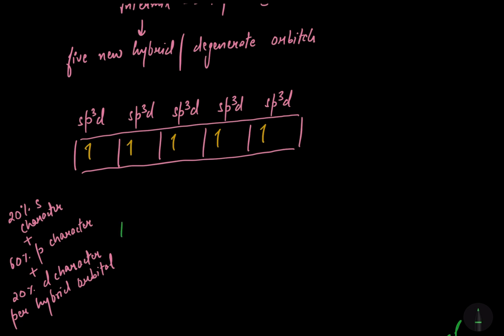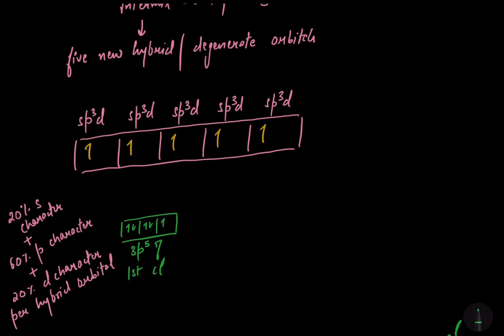That's the 3p of the first chlorine containing 5 electrons: the first, second, third, fourth, and the fifth.